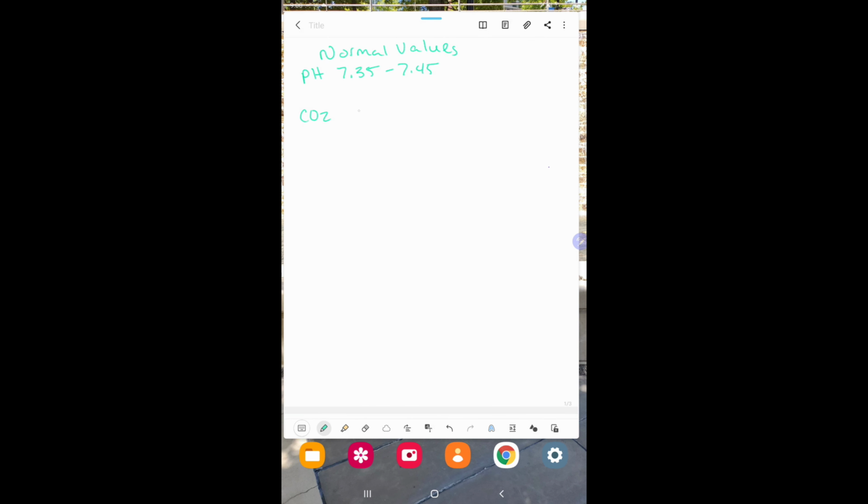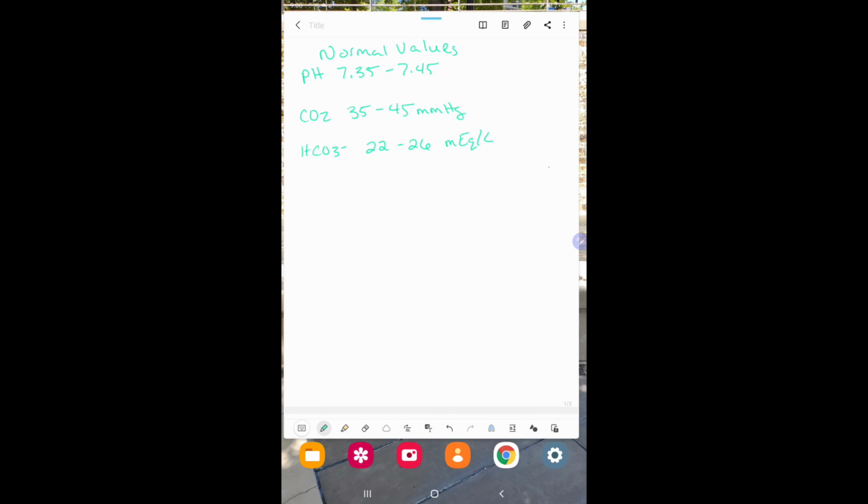Your CO2 values are 35 to 45. And we're going to use our units of measurement. Your pH does not have a unit of measurement. And then your bicarb is 22 to 26.